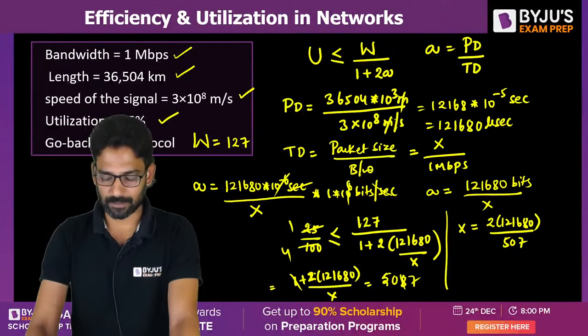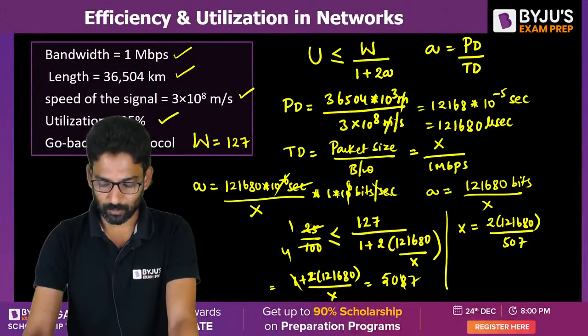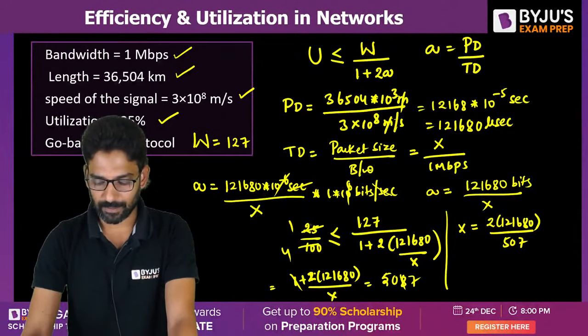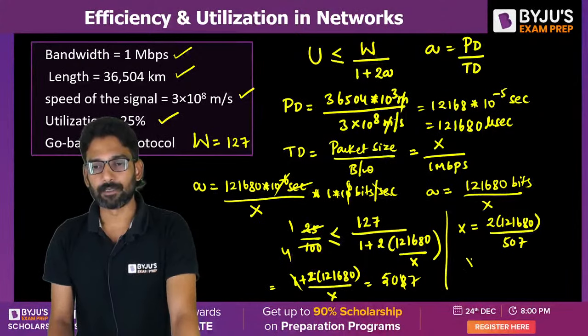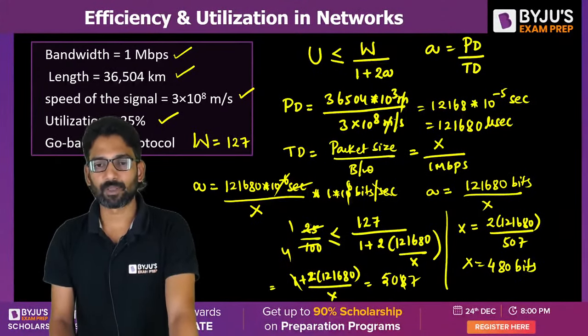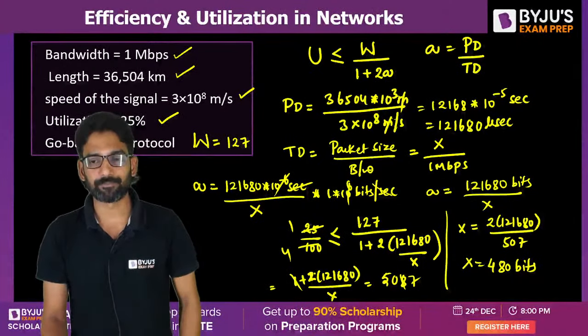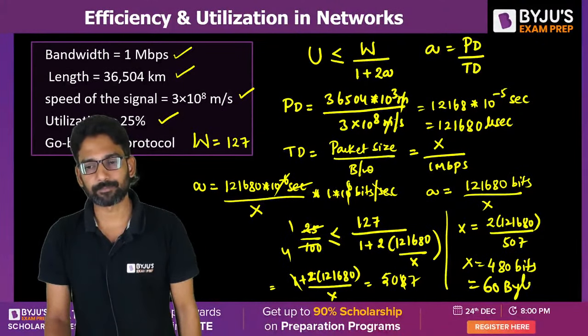Let us calculate it using the calculator. 2 multiplied by 121680 divided by 507 is giving 480. So X is equal to 480 bits. We got it in bits, no? But if I want it in bytes, 480 by 8, 60 bytes.